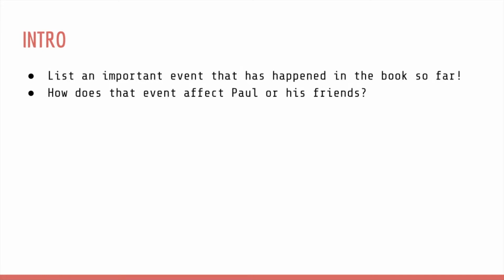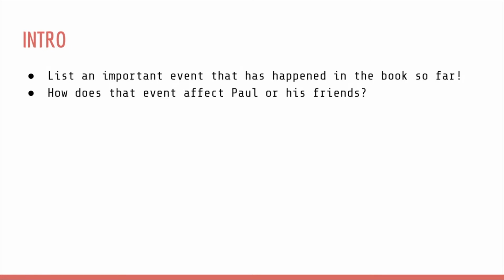So I want y'all to go in today's folder, okay? And there's going to be a link to a Padlet. I want you to write just one event that you think is the most important event that's happened so far, and I want you to explain how that event affected Paul or his group of friends, okay?